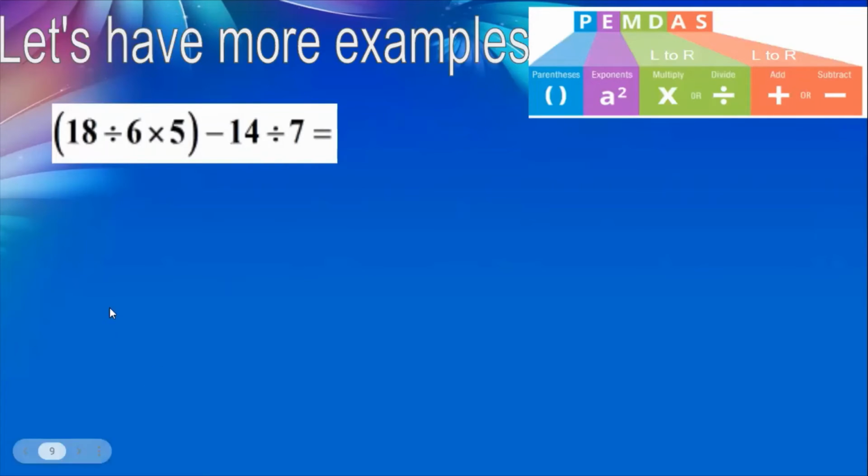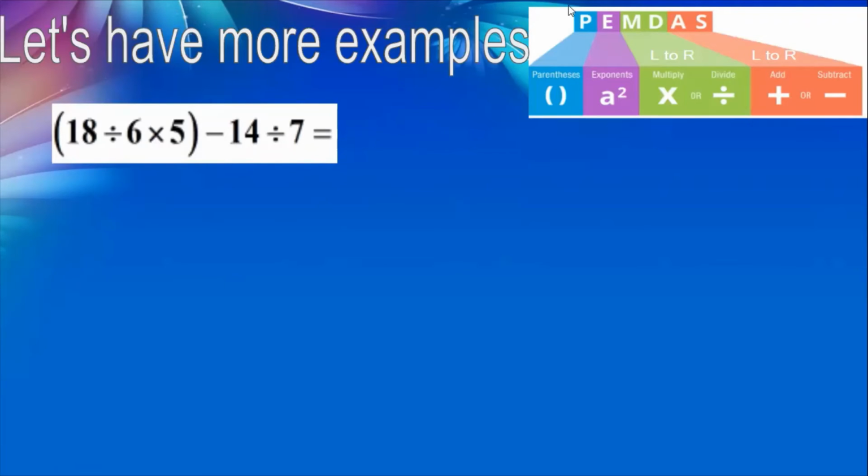Let us have more examples. We have (18 divided by 6 times 5) minus 14 divided by 7. So again, the PEMDAS rule tells us that we need to deal with the numbers that are inside the parentheses. So we have here 18 divided by 6 times 5. But division and multiplication are the same when it comes to their importance.